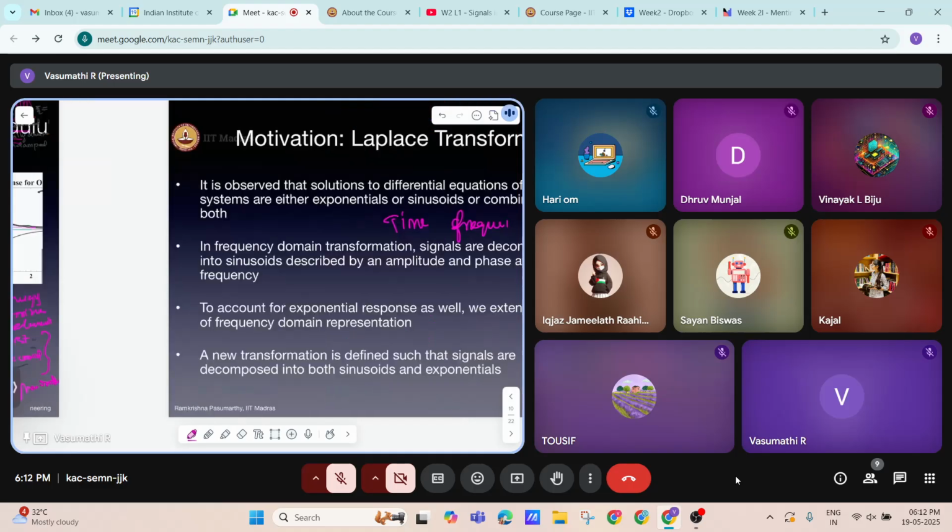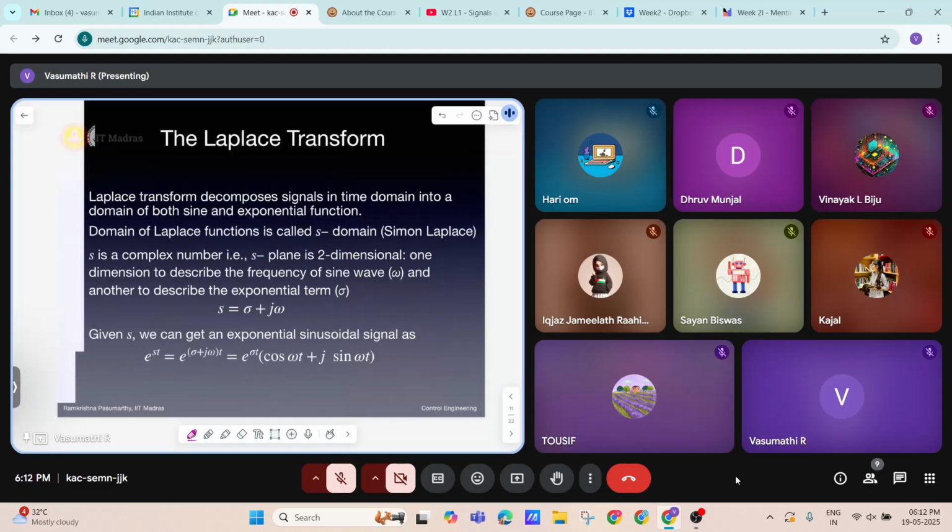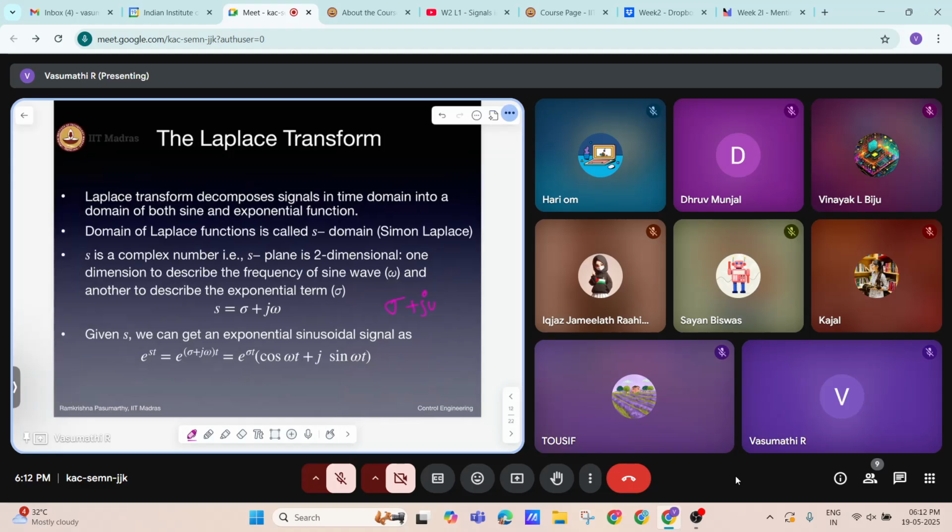Right. So far we have seen the time domain and the frequency domain, and some of the characteristics of those domains. Now we are going to see what is the S domain. The S domain is a representation of sigma plus j omega. So we are now trying to combine both an exponential signal and a sinusoidal signal.